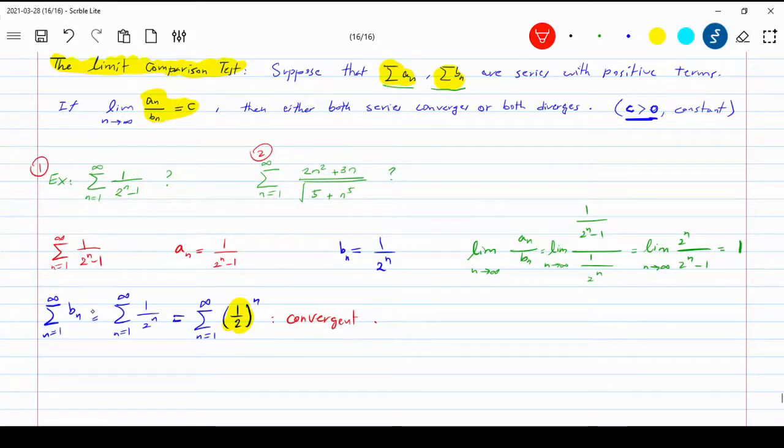So since the bn's are convergent, by the limit comparison test, the summation of an is also convergent. I can say that just because the ratio of an to bn was a fixed number. However an behaves, bn will behave similarly.